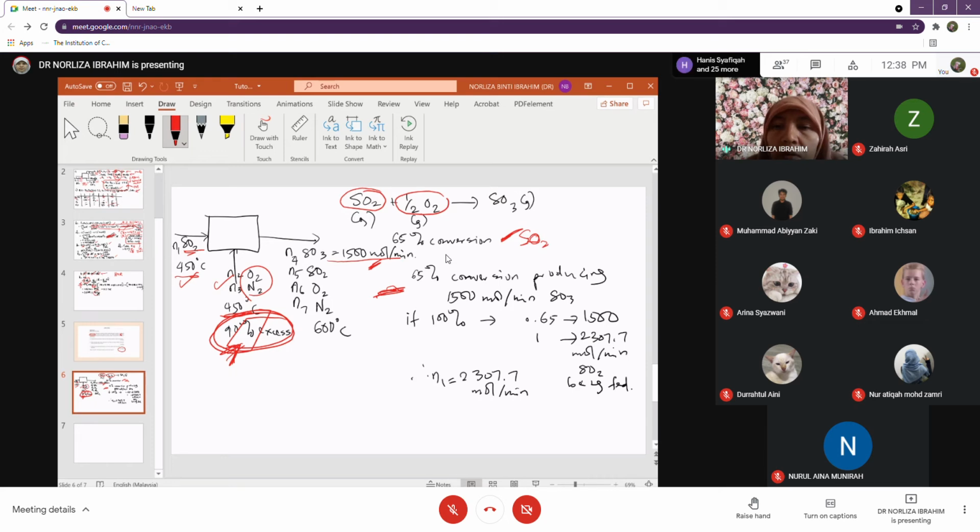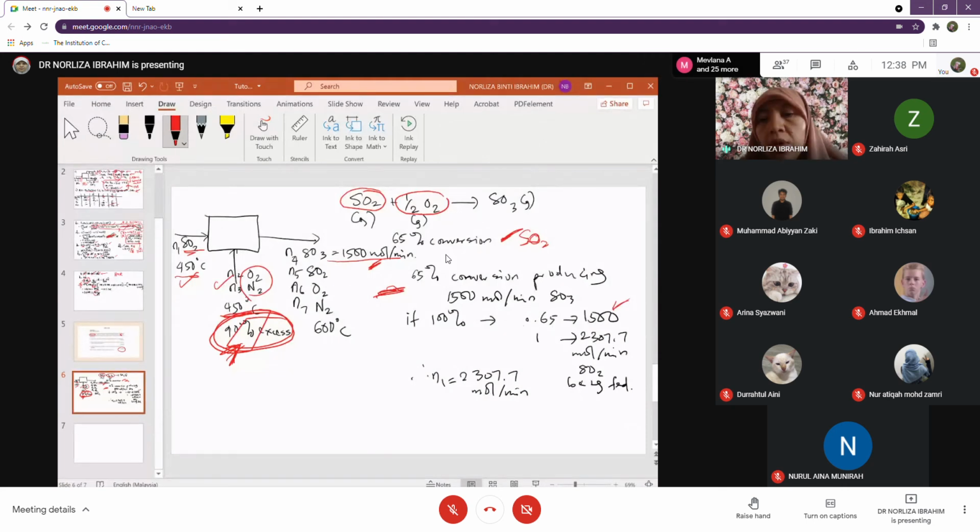If I supply 100%, just a very straight calculation here: if it is 0.65 conversion, you produce 1,500.